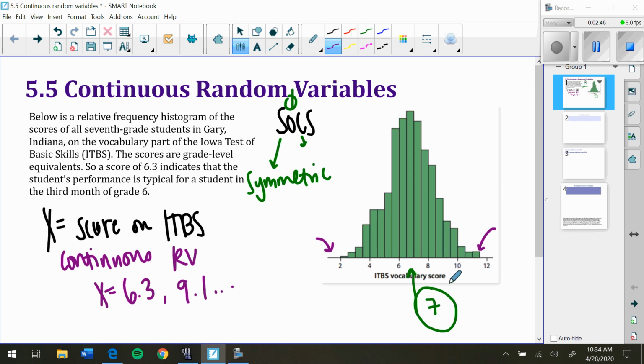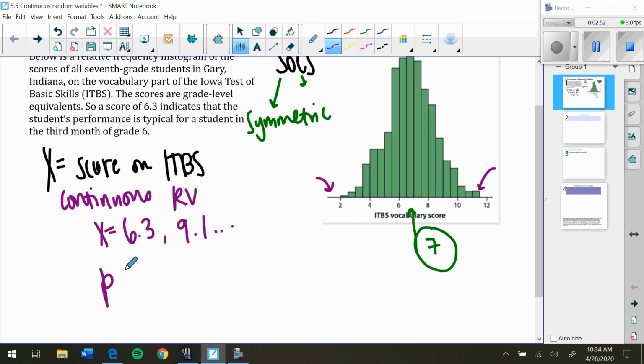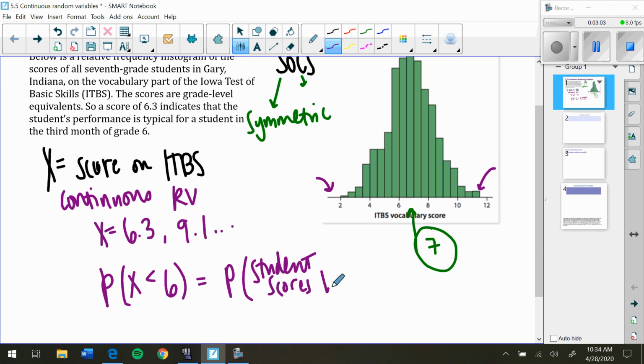All right, this is great and helpful, but what if we were asked to find something like the probability that x is less than 6, or the probability that some student scores below a 6th grade level? So how would we do that?